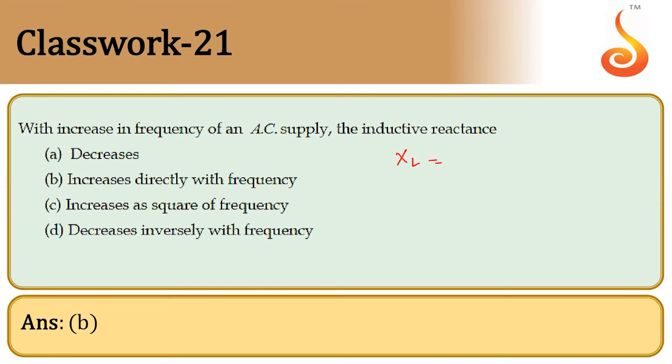XL is equal to omega L, which is 2 pi FL. So it is directly proportional to frequency. So it increases directly with the frequency. Next.